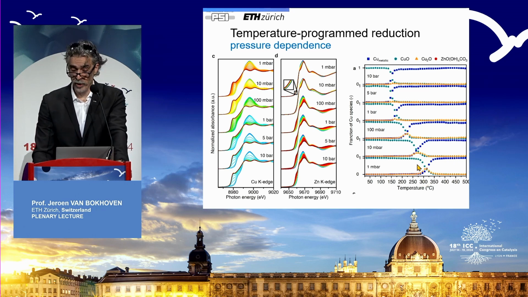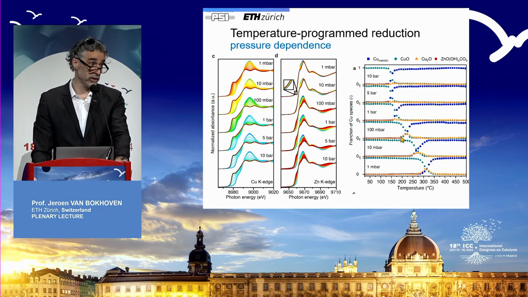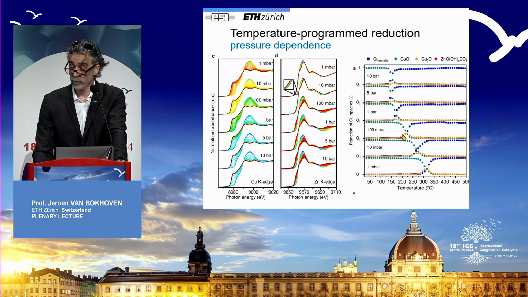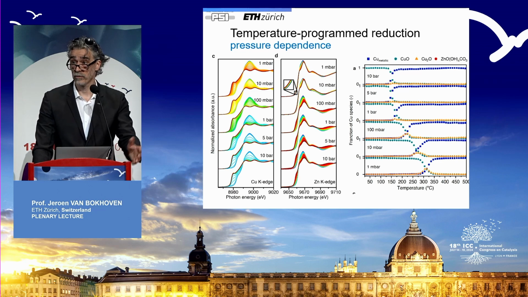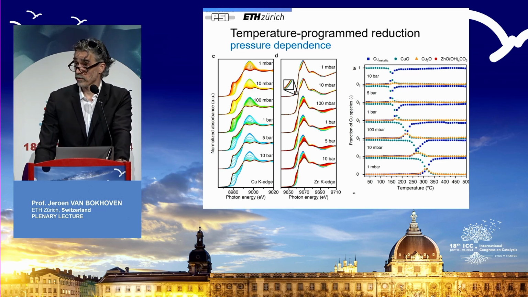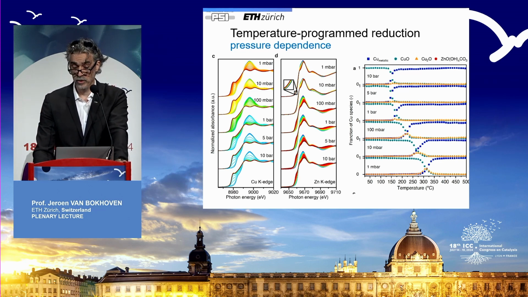If you now increase the pressure, this will occur at a lower temperature, so there's an order in the pressure of the reduction. You can see that the amount of intermediate that you make is decreasing with increasing pressure. So the rate of the copper 1 oxide reduction is much faster, and you can hardly see it anymore at the higher pressures.